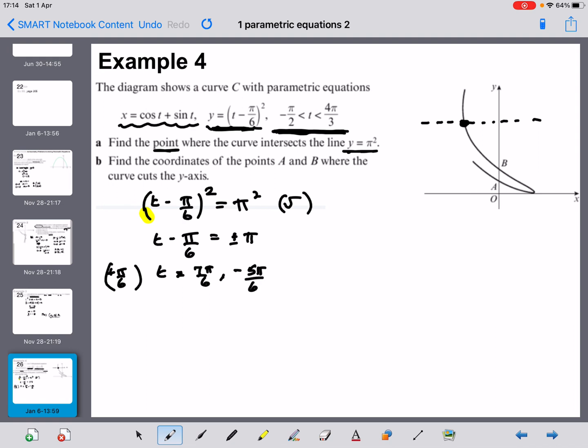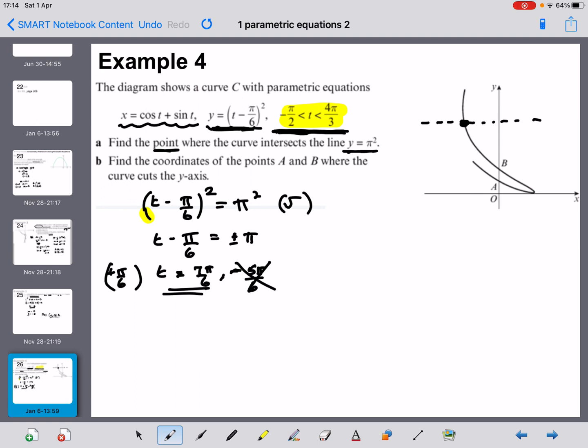And now I've got two values for t, but what I'm going to do is consider my domain of the parameter. Negative 5 pi on 6 is close to negative pi, which is outside of that range. It's too small, too negative. So that one we can reject.